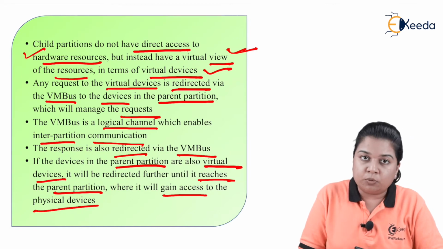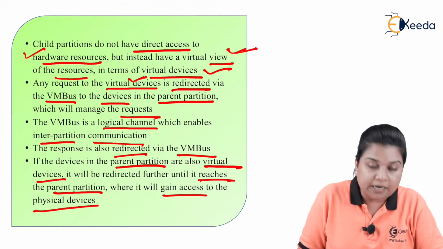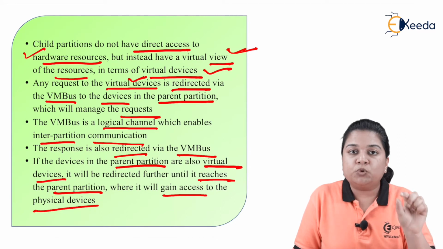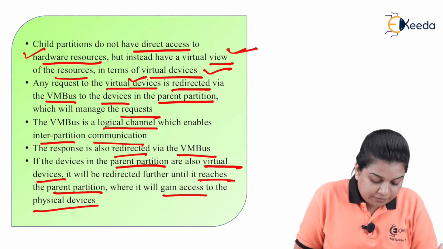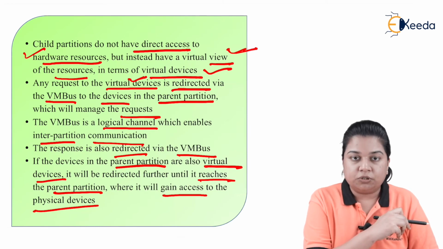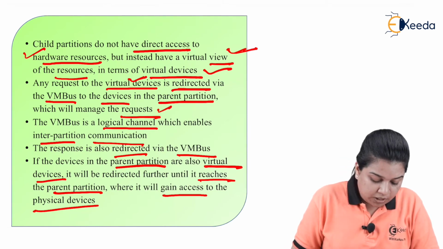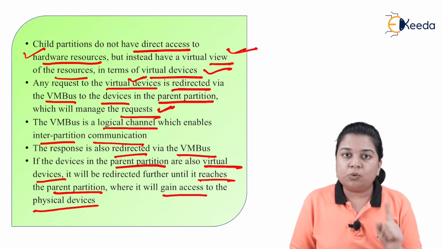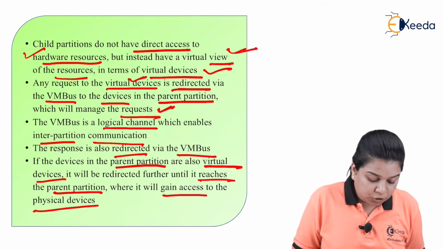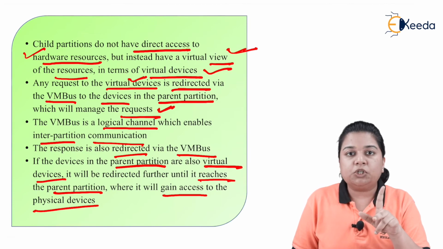Now any request to the virtual device is redirected via the virtual machine bus, or VM bus, as seen in the figure, to the devices in the parent partition, which will manage the request. Again, that VM bus is also a logical channel which enables inter-partition communication.